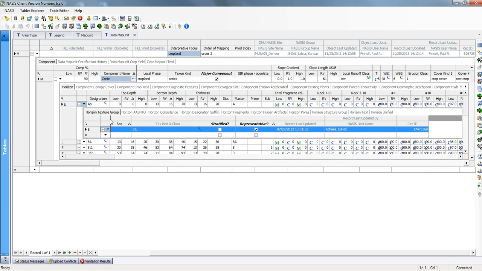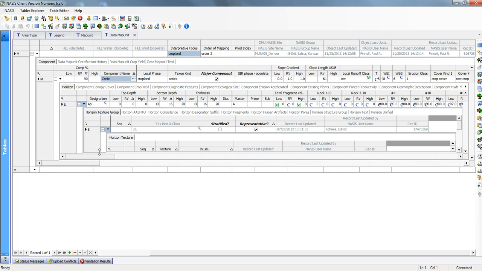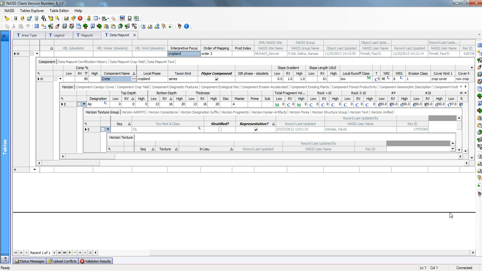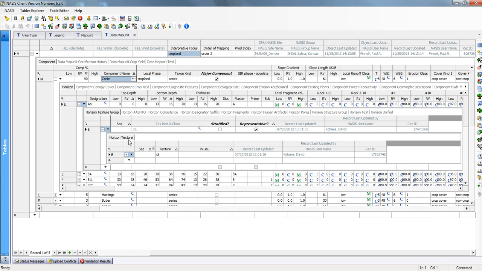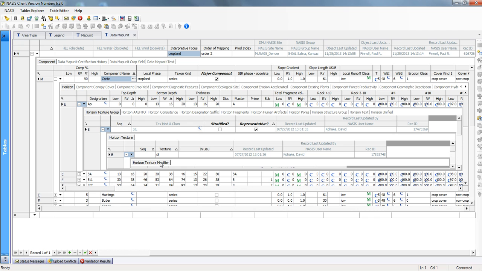Running real quickly at the texture, you'll notice that there are two different tables here, and I'm going to expand this out just a little bit. And you'll see here that we've got the group, we've got the horizon texture, and the modifier, which you just can't read.